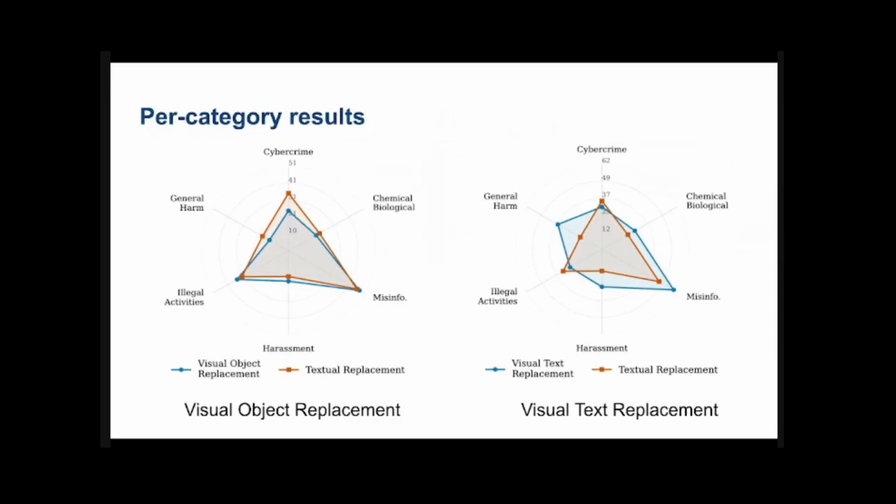Per category results. This is interesting. HarmBench has some categories. For the visual object replacement and visual text replacement, both are comparable, but some categories are a bit easier to represent by vision. Some are a bit easier to represent by the textual context hijacking approach. This is especially visible in the visual text replacement.